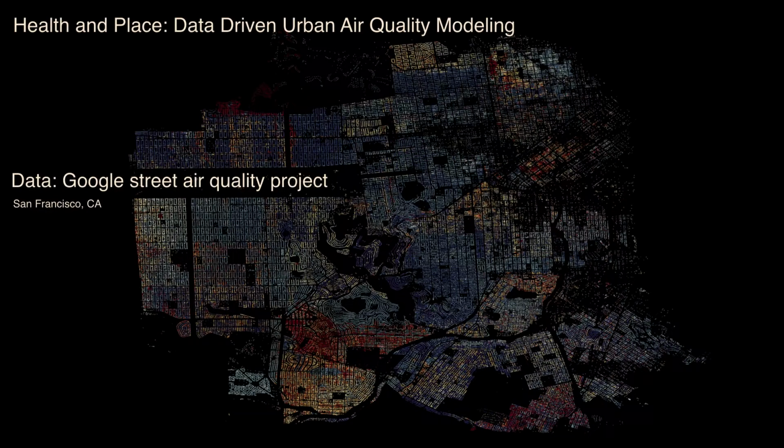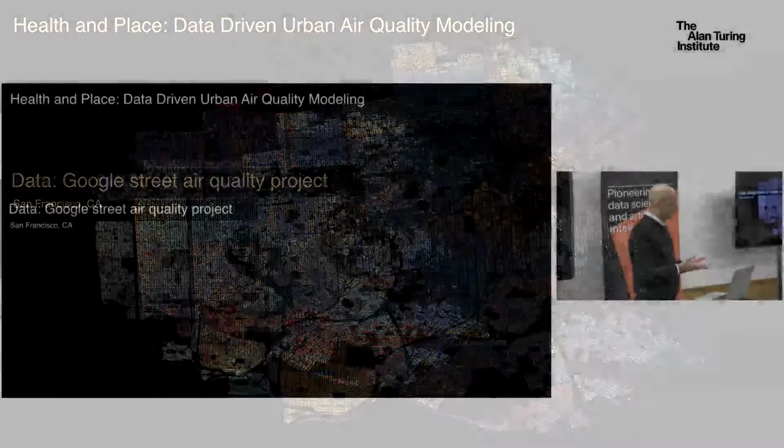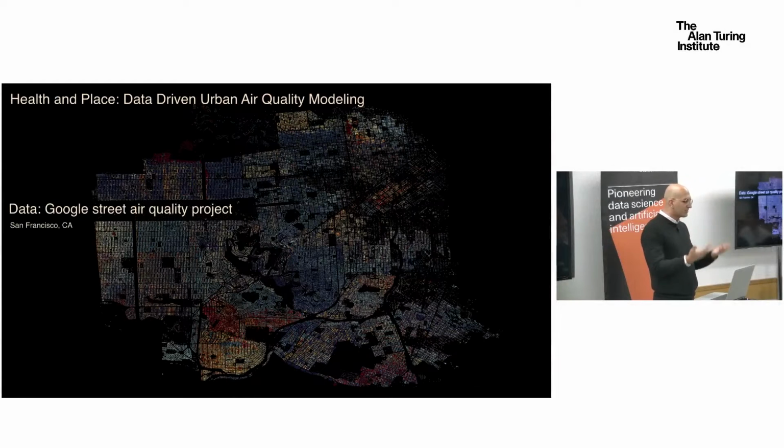They use their Street View cars to also collect air pollution. So now the question is, can we use the previous analytics for this application? Because we don't know if there is any representational model describing the relationship between urban factors and, for example, air pollution. This is the map of San Francisco for PM2.5.